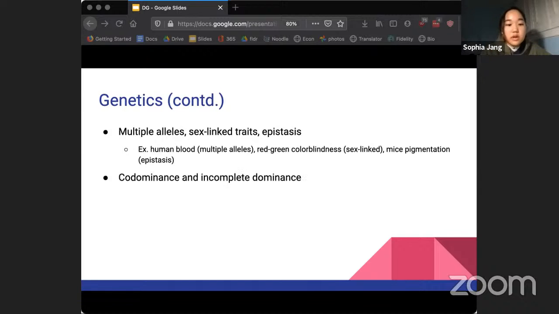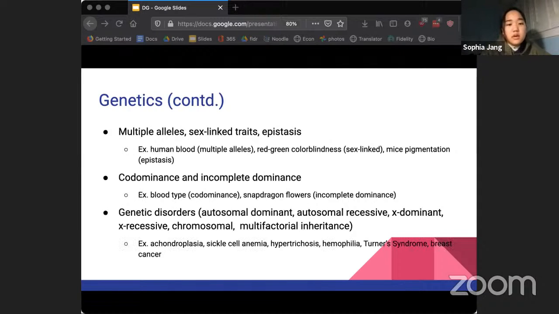And there's also epistasis as well. There's also codominance and incomplete dominance. For example, with blood type and snapdragon flowers, when you have, for example, an allele for white flowers with an allele for red flowers, the phenotype, or the physical expression, is a pink flower, a mixing. So that's called incomplete dominance.